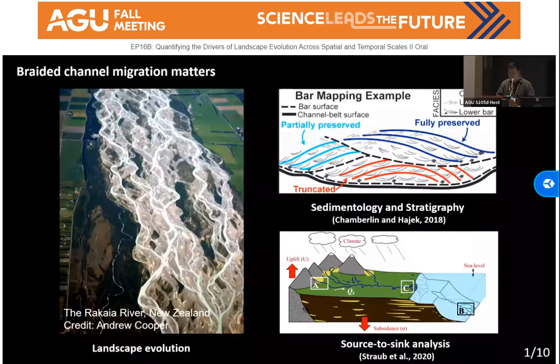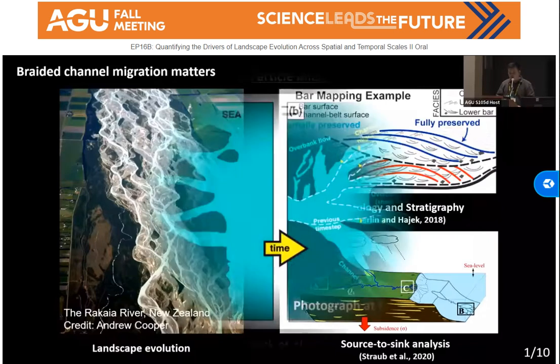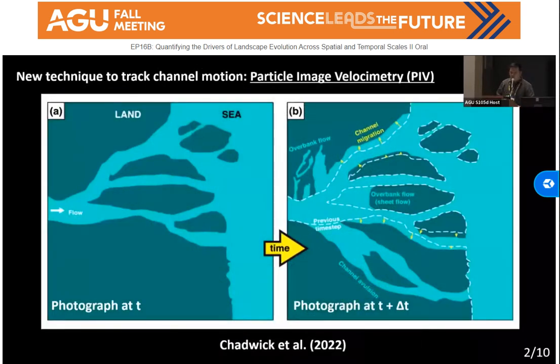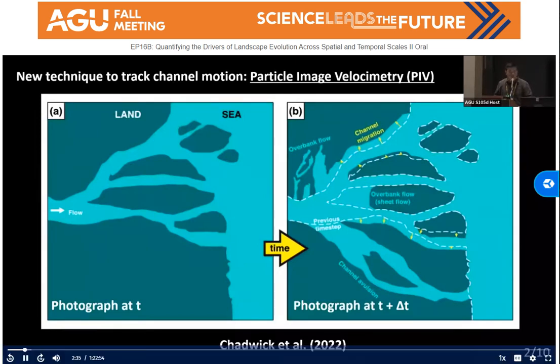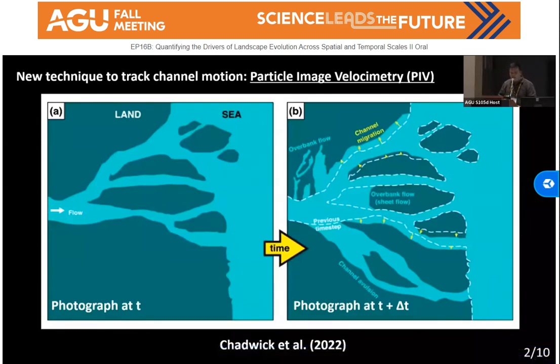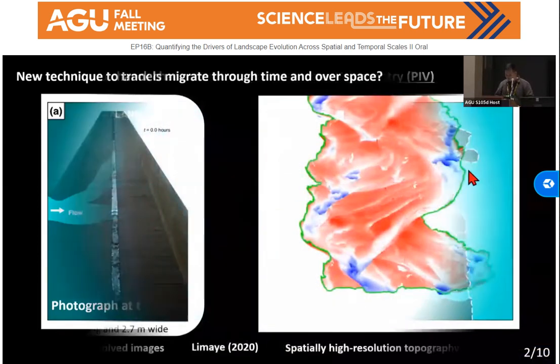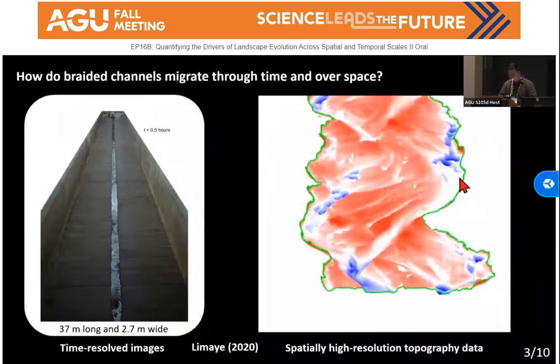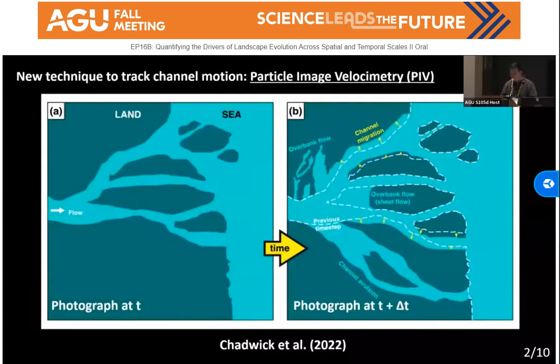Today, I'm going to use a method called PIV, particle image velocimetry. This is a new method introduced by Austin Chadwick just this year. Its principle is to compare a pair of images to see the difference between them.